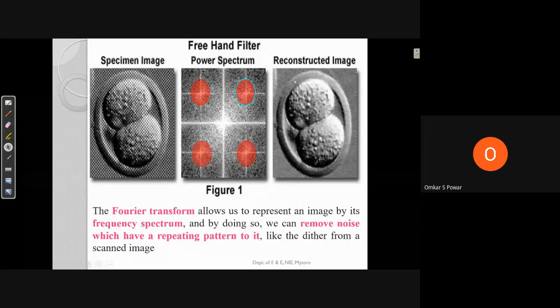There are many apps in your stores like Insta filters and those kinds of things. There you can see the old image, if there is any noise or if it is blurred, they reconstruct it in such a way that the image is good quality. There they use this Fourier transform or a particular type of filter related to this frequency domain analysis.